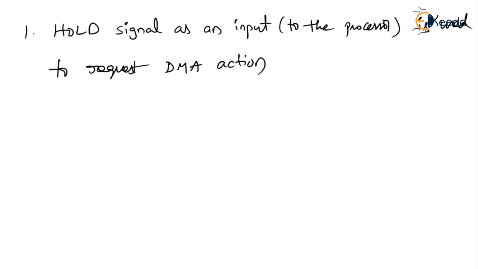Remember, the HOLD signal as an input to the processor is used to request DMA. If you want to operate using DMA, then we have to give this hold signal.